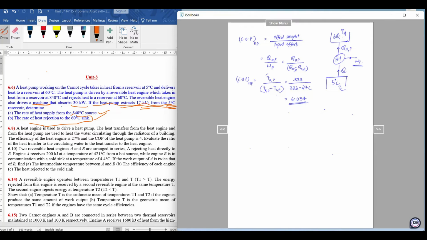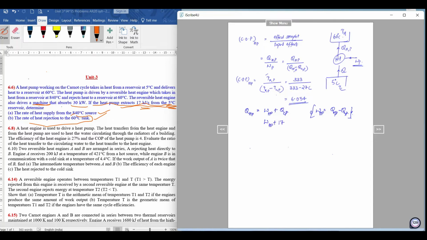So let us substitute this. You got Q of HP equal to W of HP plus QC of P. Right, how we got W of HP equal to QH of P minus QC of P. Okay.